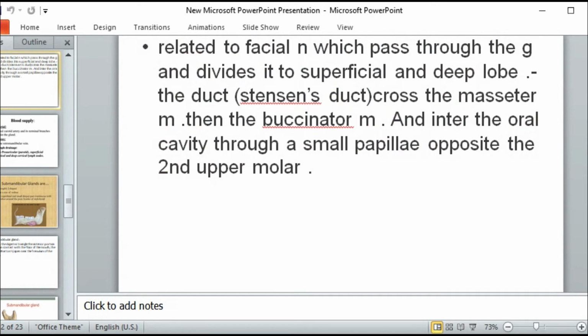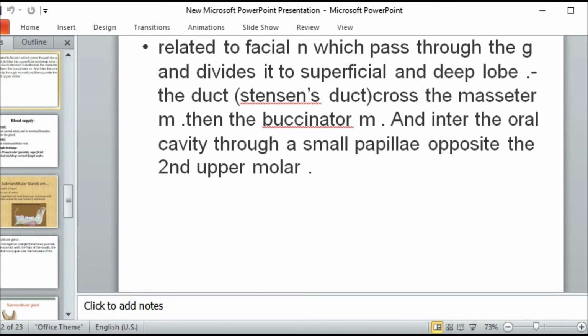The duct of the parotid gland is called Stensen's duct. It pierces and crosses the masseter muscle, then pierces the buccinator muscle and enters the oral cavity through a small papilla opposite the second upper molar.